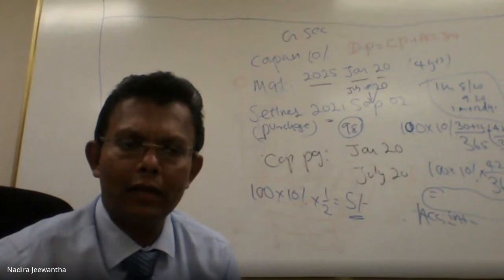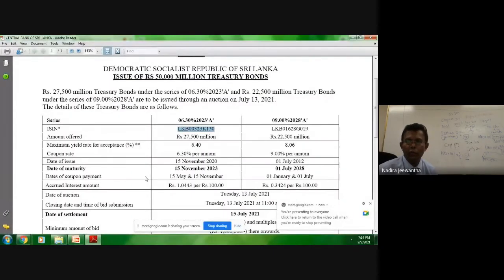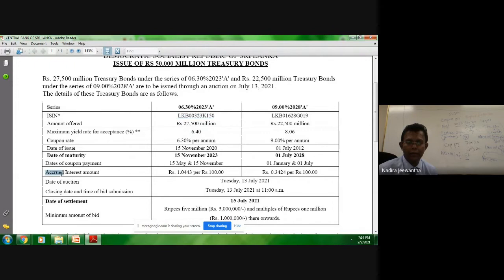Now understand this. This is the advertisement which we gave you in the first lecture, and it says accrued interest. Now, why this 100 comes? Face value is anyway 100. We calculate the coupon based on the particular amount.